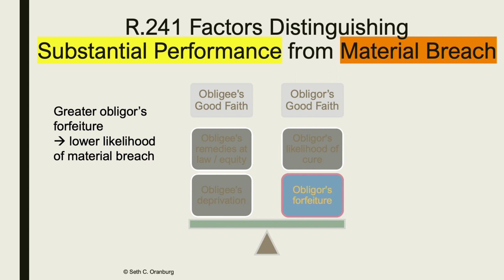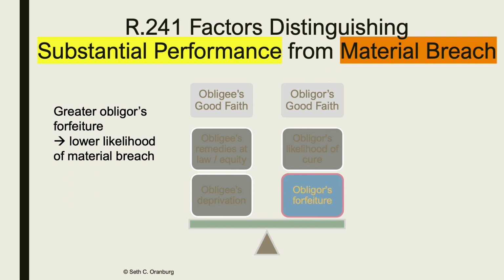The third factor in determining substantial performance or material breach is the forfeiture of the party who failed to perform. In other words, what is the extent of the obligor's forfeiture? This is effectively balanced against the obligee's deprivation. In other words, how much will the breaching party lose if the non-breaching party is not required to perform its mutual promise?